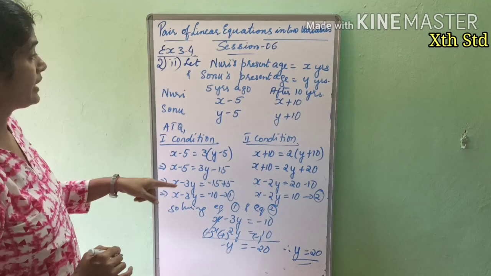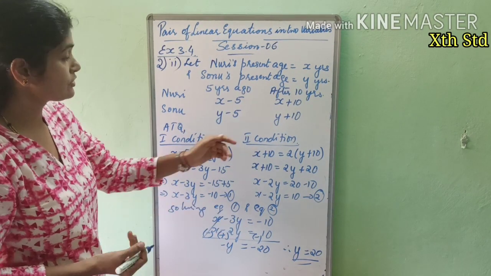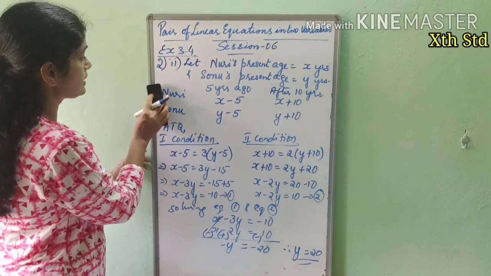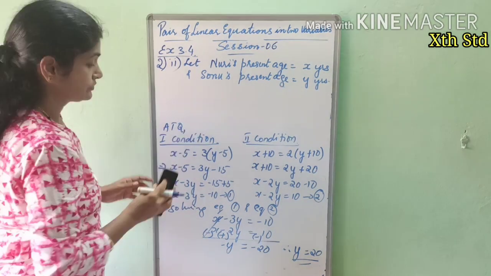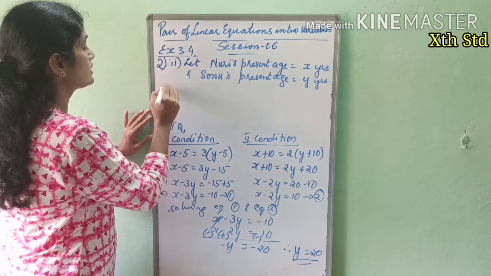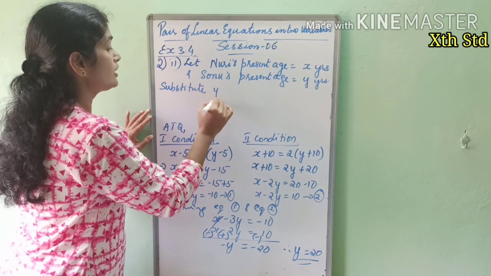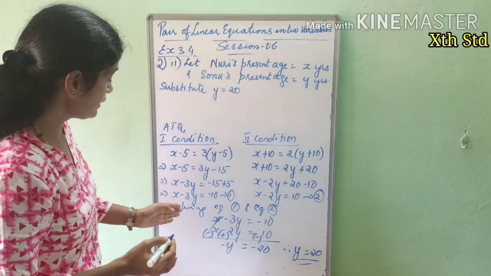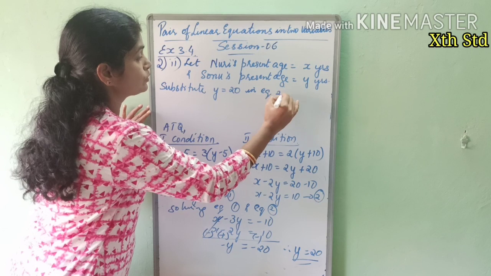Okay, what is that y? Y is Sonu's present age. Now substitute this y in this one. We will continue doing it here. So y is 20. Substitute y equal to 20 in any one of the equations. Say in equation 2.